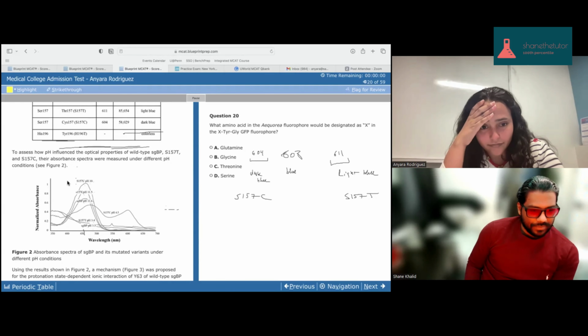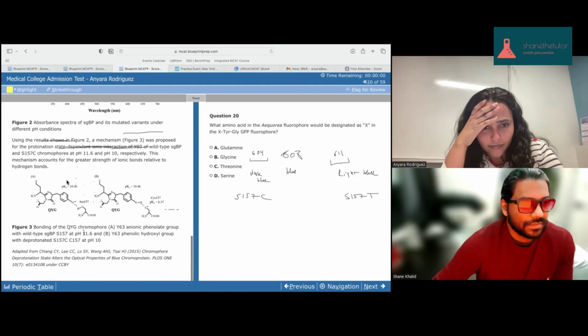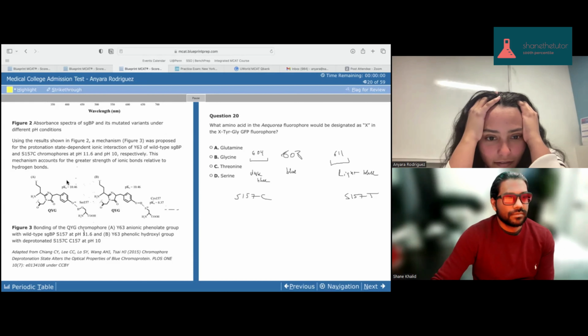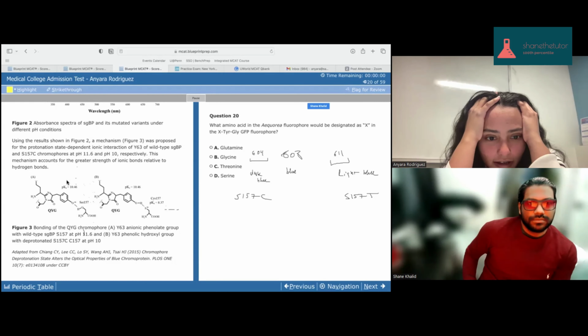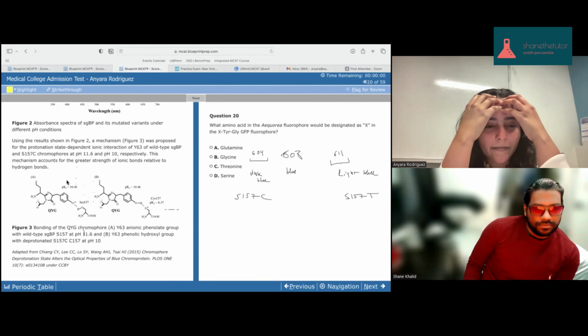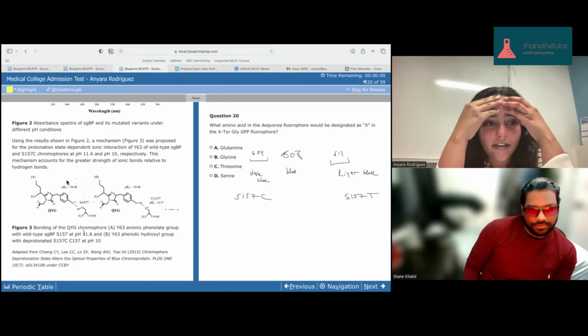Okay, so they created this mechanism for how pH changes are affecting the interaction.